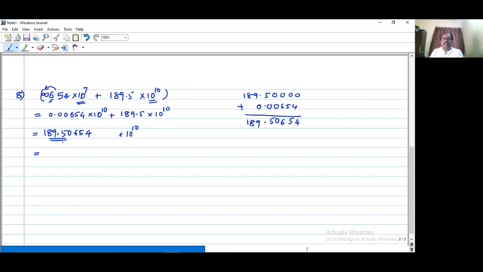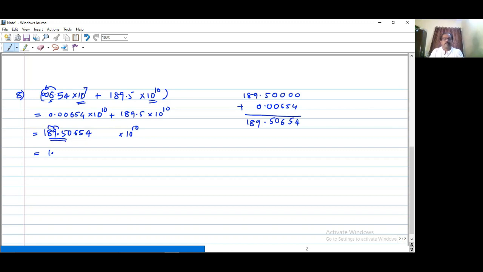Now we need to write it in standard form. So what is the standard form of this number? It will be 1 point. In standard form, your integer part must be less than 10. So whatever the first digit here we have, we place the decimal after one digit from left to right. Means we need to move this decimal 2 places here like this.